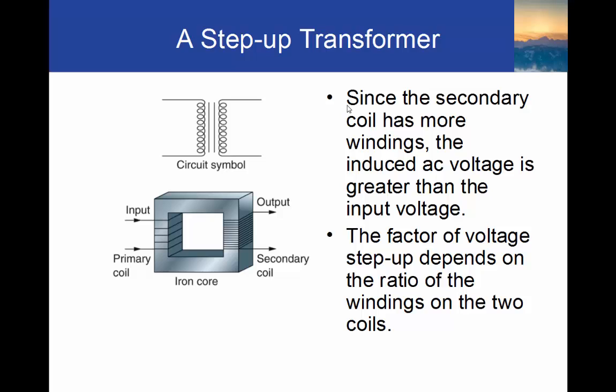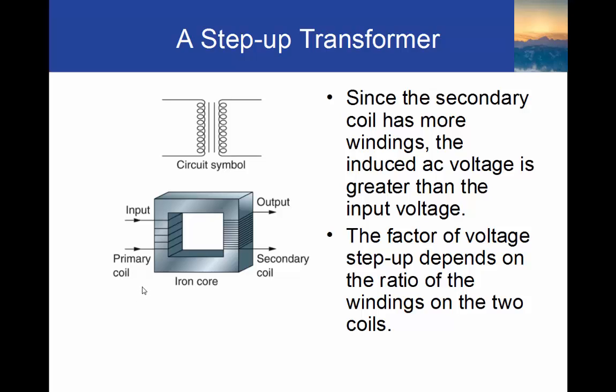The statement is, since the secondary coil has more windings, the induced AC voltage is greater than the input voltage. The factor of voltage step up depends on the ratio of windings on the two coils. So if there are more windings on the secondary coil than on the primary, you're going to be stepping up the voltage. And that's about as far as the notes go.